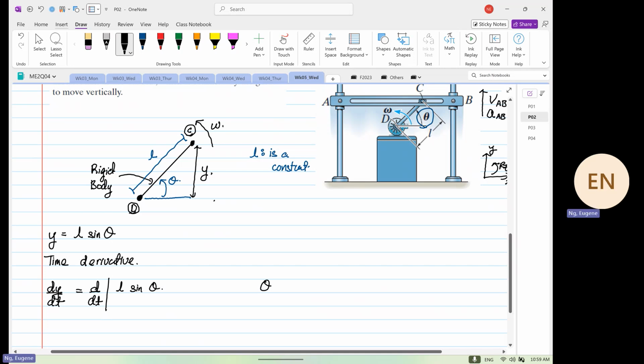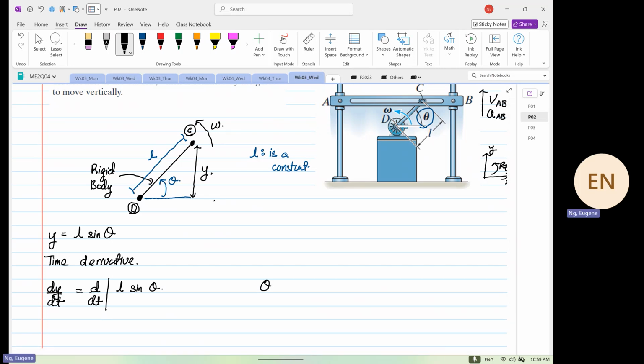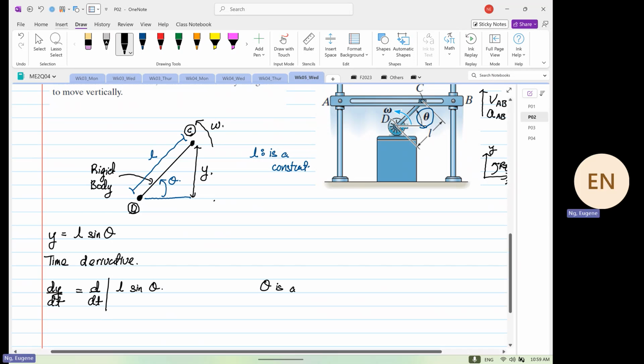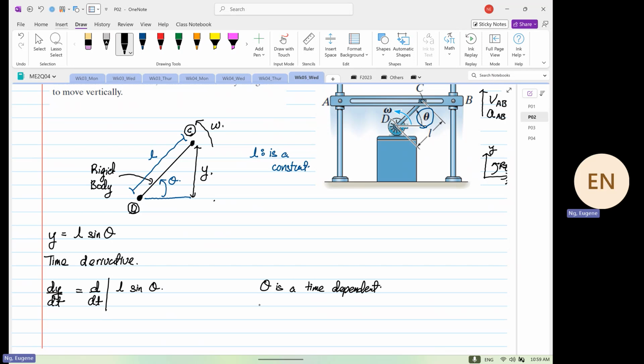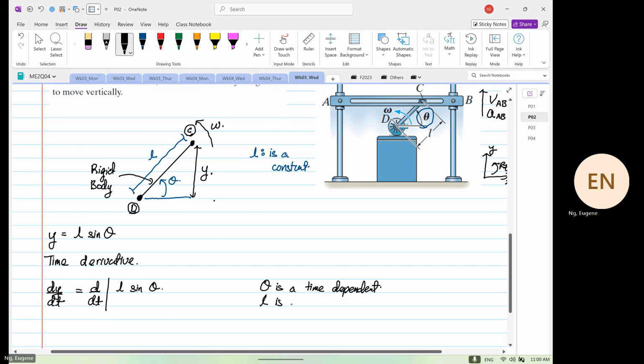And when theta rotates at omega radians per second, theta is time dependent. The value of theta is not constant, whereas L is a constant.